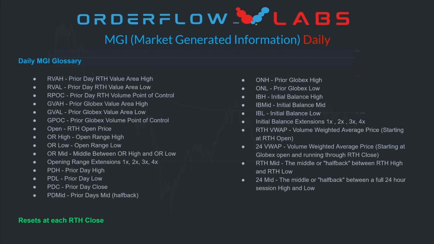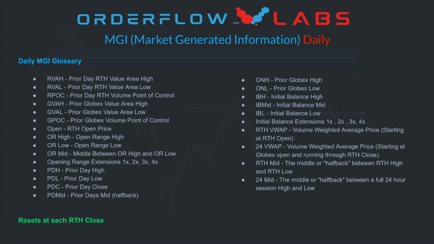So for reference, the glossary of available automated MGI that's in the study itself are here in the daily MGI. Obviously, nobody should be using all of these, but we intentionally put as much as we could think somebody would want to give you those reference points if you want to draw them.